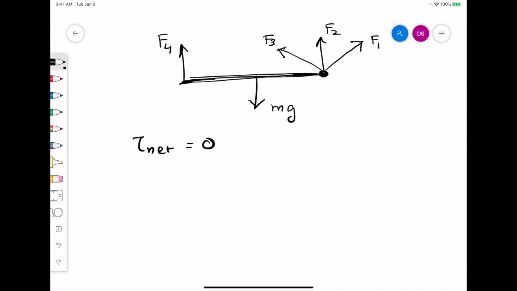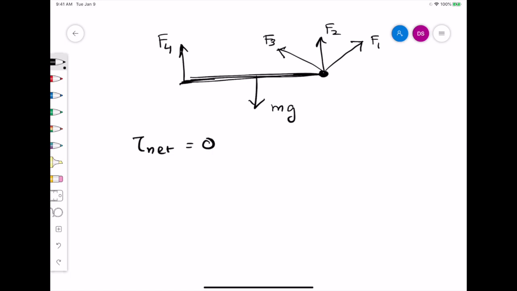Now, when we calculated torque in chapters 9 and 10, we usually calculated the torque about the axis of rotation. So the axis of rotation was our reference point from which we calculated the lever arms and found the torques. Now, in equilibrium problems, you can calculate the torque about any point you want.